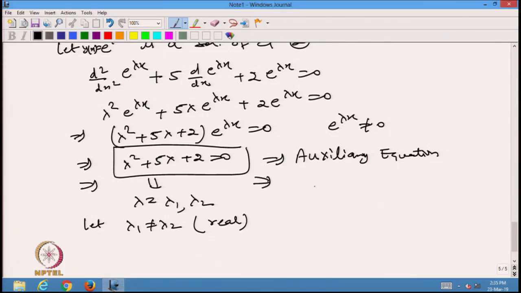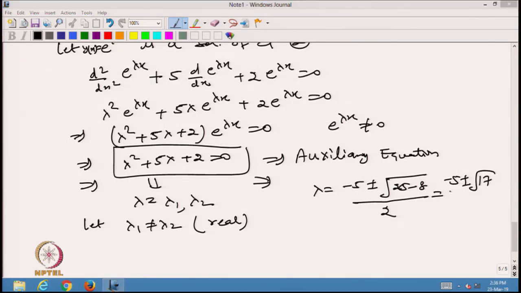So λ = (-5 ± √(b² - 4ac)) / 2, and here we get -5 ± √17 over 2. These are fractions, so these are real, and λ1 and λ2 are not the same.